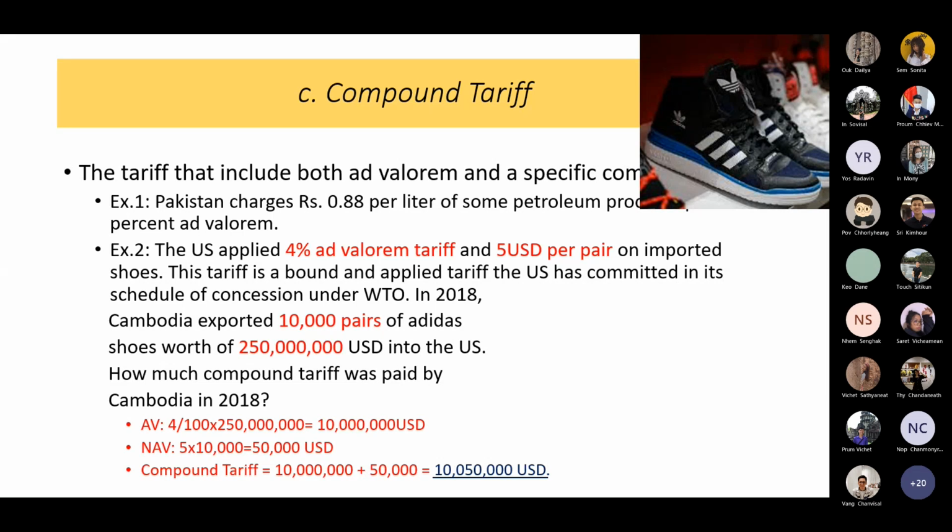So the overall compound tariff for the 10,000 pairs that Cambodia exported to the US in 2018 would be around $10 million and $50,000, because we apply both of them simultaneously on the same single product. Clear? Earlier ones took only one, but this compound tariff takes both. Clear now? Yes. Okay, very good.